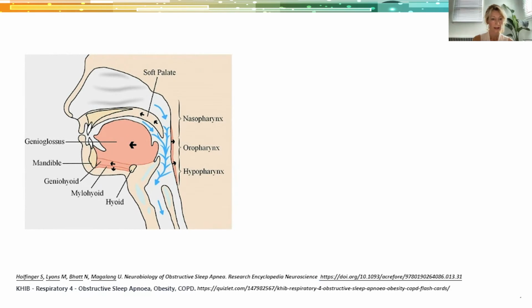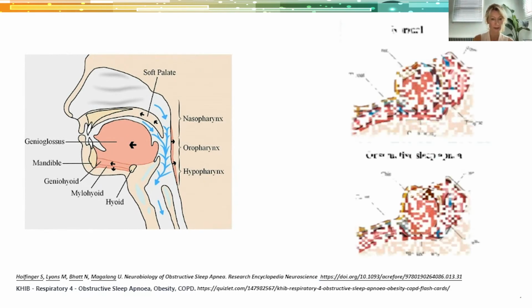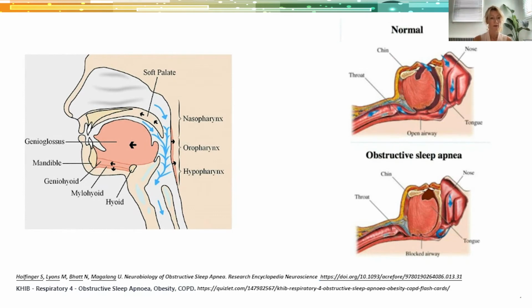So why does that happen? Let's look a little bit at our airway. If we look from our nostrils to the lungs, the whole airway is surrounded by either bone or cartilage, which is like a scaffolding to keep the tube patent, except for one area in the pharynx where there is no bone, there's no cartilage, it's all soft tissue.